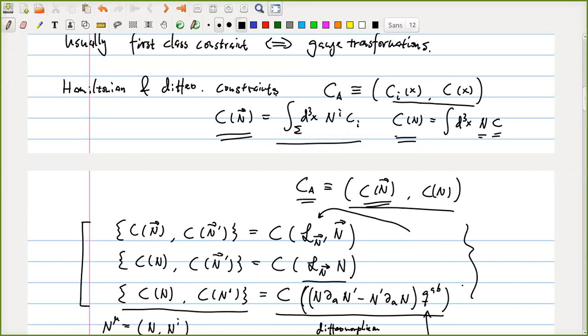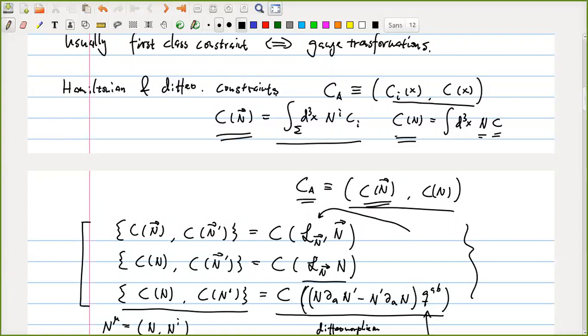So you will get some distributional quantity on the right hand side, which is clearly fine if you're familiar with distributions, but it's less compact and not as clear as ordinary functions, Lie derivatives, and so on.